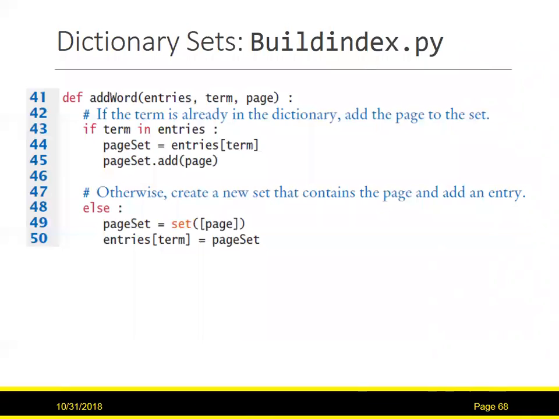So the reason why changing entries here works, or changing the set that is in entries works here in a separate function, is because dictionaries and sets work by reference. So whenever you pass entries, the dictionary, into this function, it gets copied as just a pointer to its actual location.